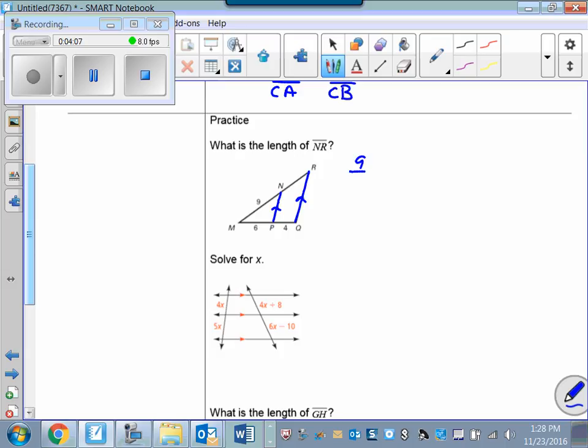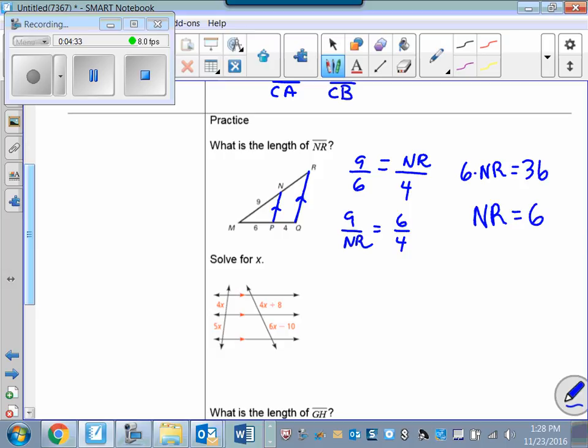So I know that 9 is to 6 as NR is to 4, right? Or I could say 9 is to NR as 6 is to 4. It's all going to be the same. I'm going to get 6 times NR equals 36. So NR is going to be 6 there. That's all you got to do.